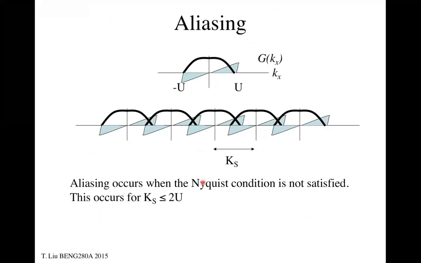If, on the other hand, we don't meet that criterion, then if 1 over delta x is too small, the replicants move closer to our central copy, and we start getting additions here. So our estimate of the Fourier transform is this plus this, which is going to be up here, and we'll get errors in the Fourier transform out at the edges.